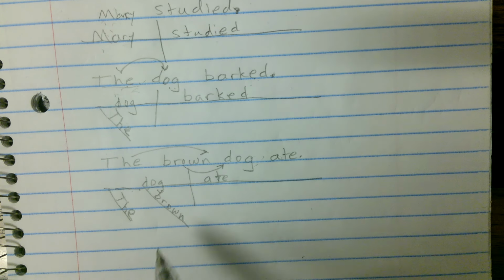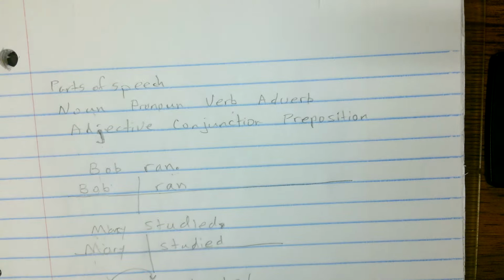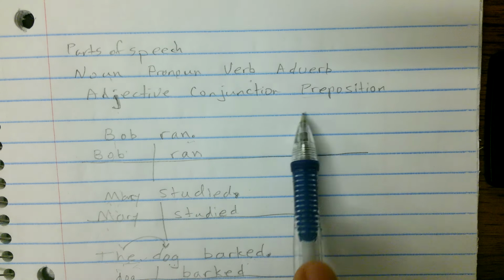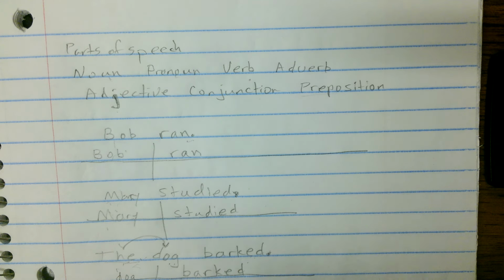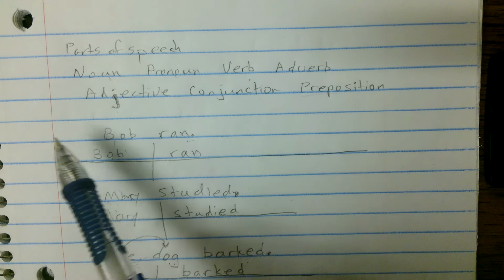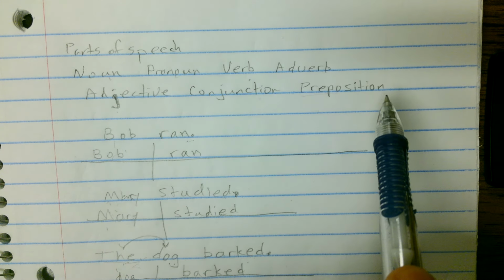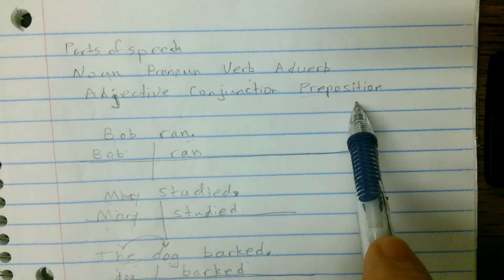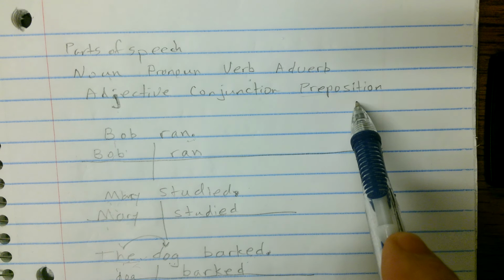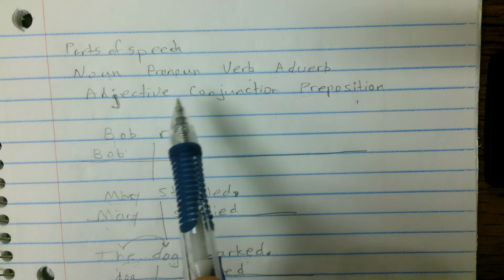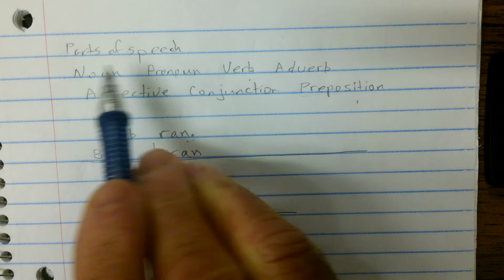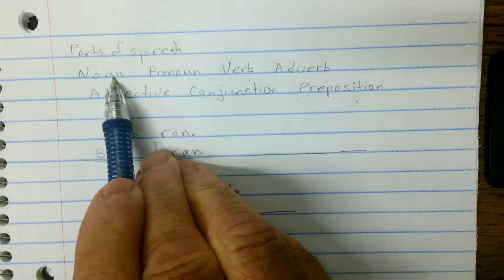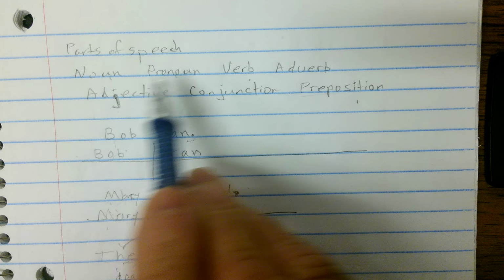Now this is very, very basic, very, very simple diagramming. You have to be familiar with the parts of speech. Now, as sophomores, you should know these already. You should have learned these in about 6th grade and in middle school. You should have been reviewed on these as freshmen. So, nouns: people, place, thing. Pronoun takes the place of a noun.